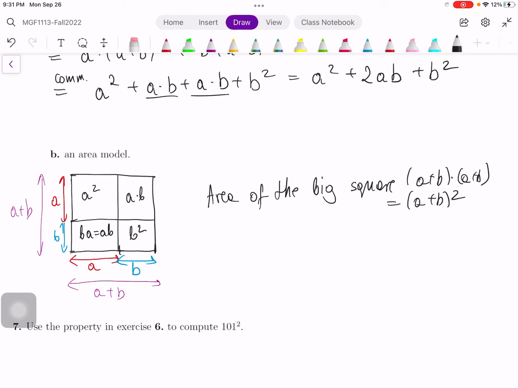So I see that it's the same as sum of areas of those smaller squares or rectangles comprising it. So it would be 1 square A by A, then 2 rectangles A by B, and then 1 square B by B. Right.